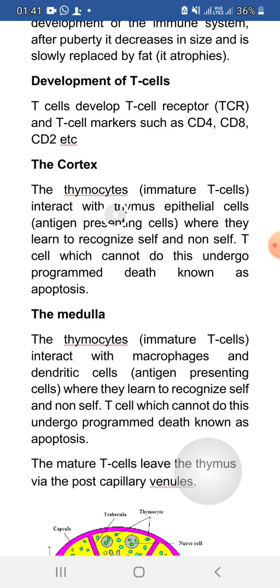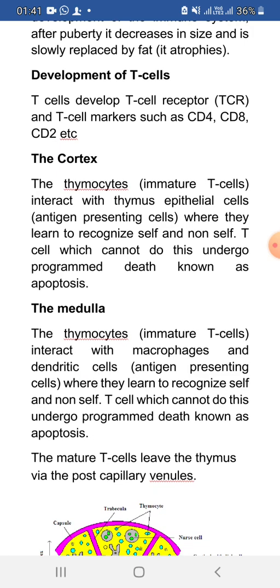Here, there's no activation of T cells, but T cells are exposed to antigens for one reason: to develop a T cell which can differentiate self from non-self.